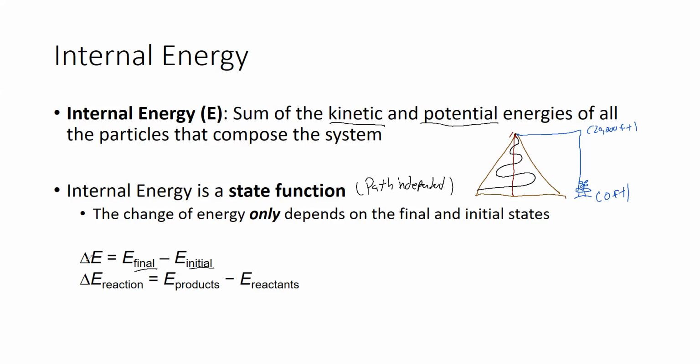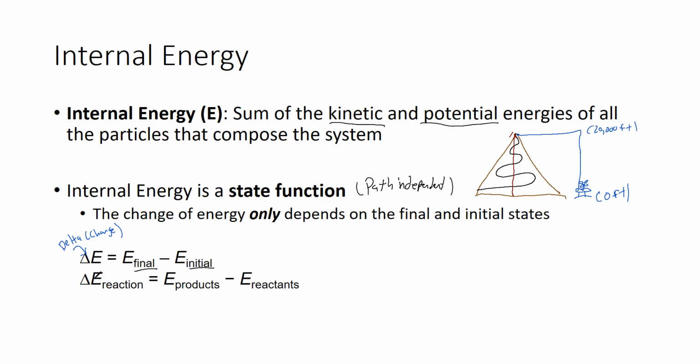To calculate changes in energy, by the way, if you've never seen this delta before in a mathematical equation, this is delta. Anytime you see delta, it just means change. And change in energy is always the final state minus the initial state. For chemistry, we talk about reactions.